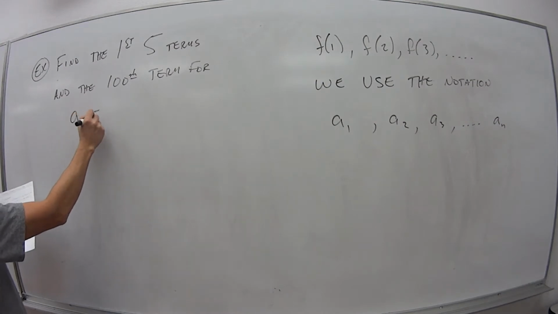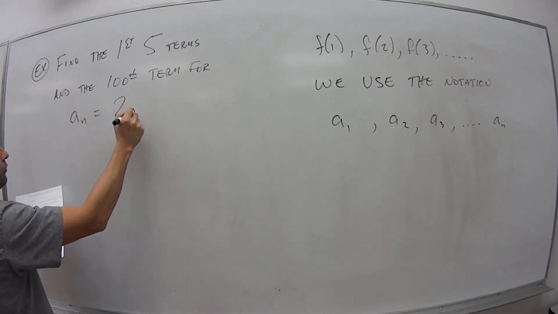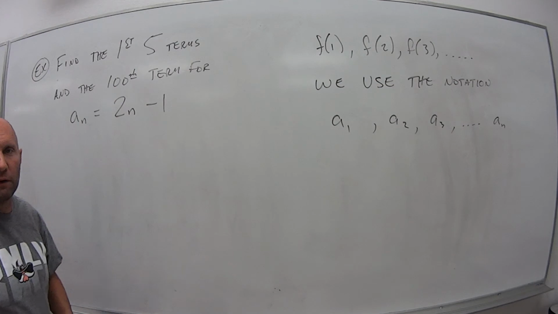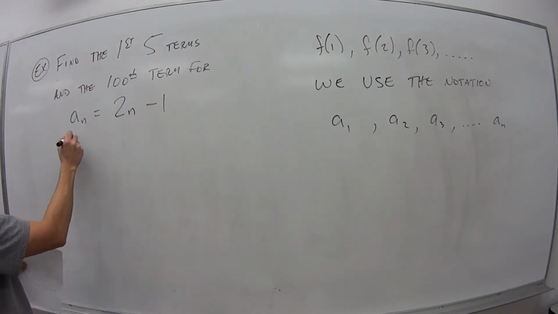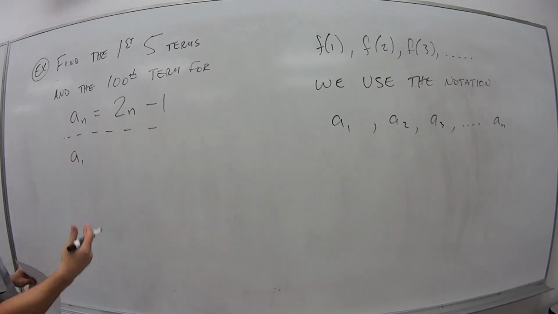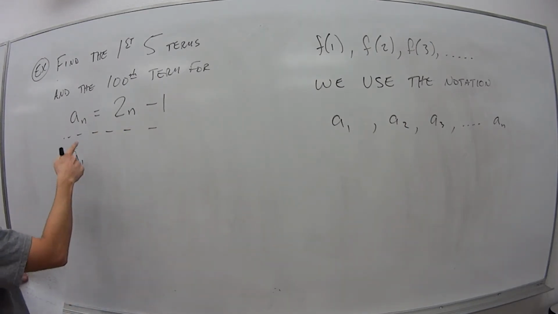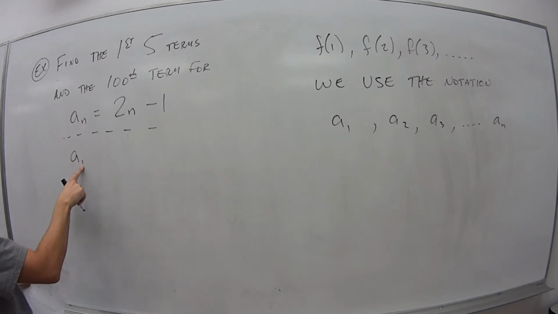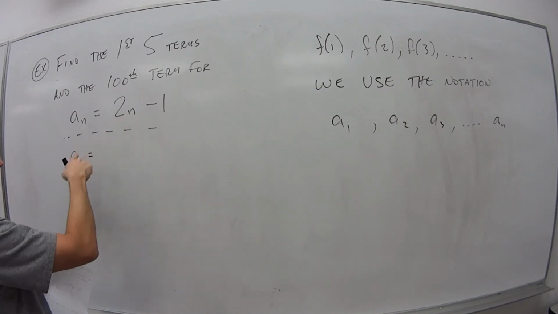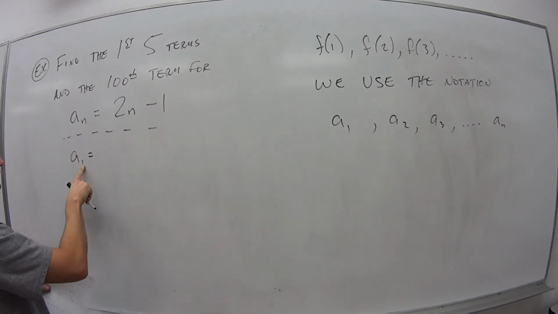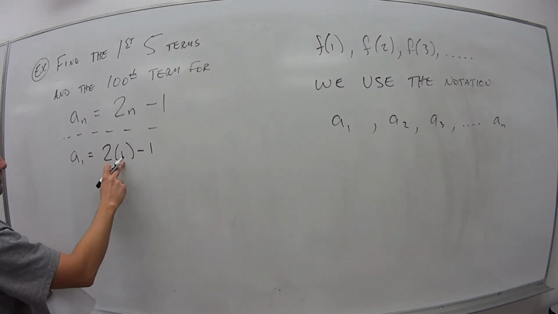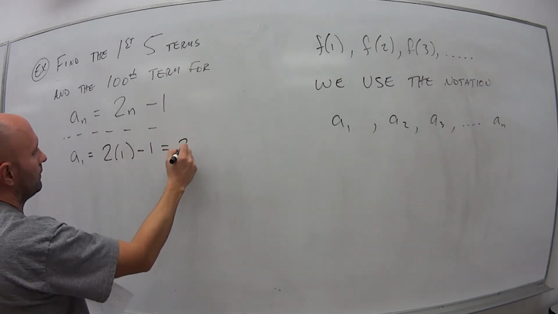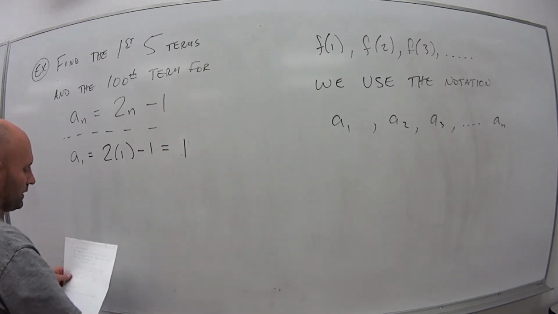A of n is equal to 2n minus 1. So the first one that we want is A1. That's our first term. So what happened here? Instead of An, we plugged in a 1 for n. So that means in our function, anywhere we have an n, we're going to replace it with a 1. So this is 2 times 1 minus 1. 2 times 1 is 2, minus 1 is equal to 1.